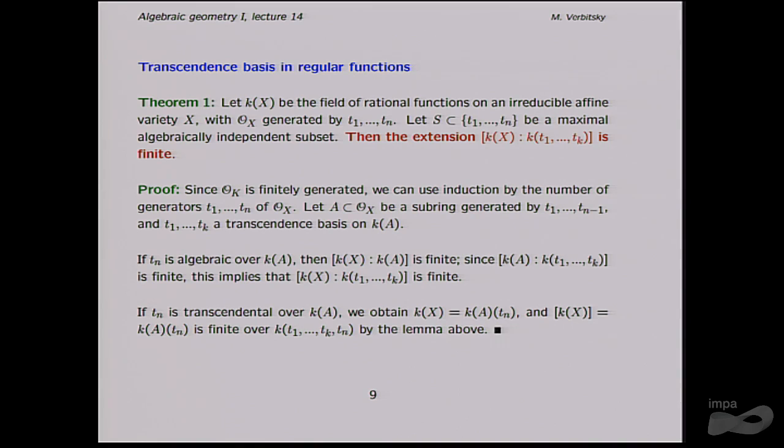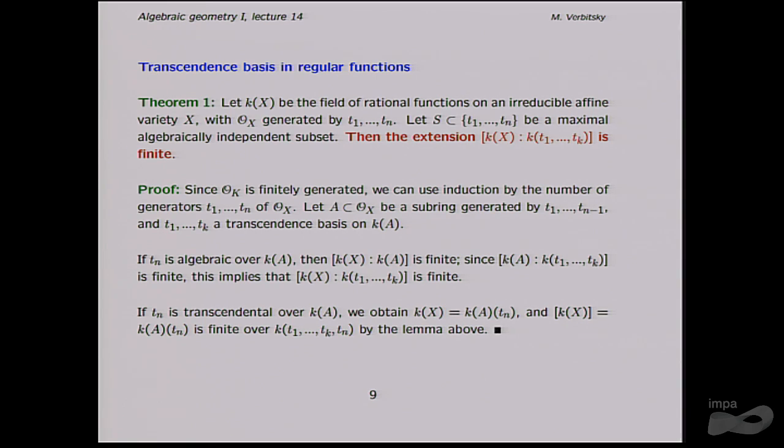A really important application is that there is a birational theory of algebraic varieties. This is a theory of the category of varieties where morphisms are birational equivalences, and it is a theory of fraction fields of algebraic varieties.